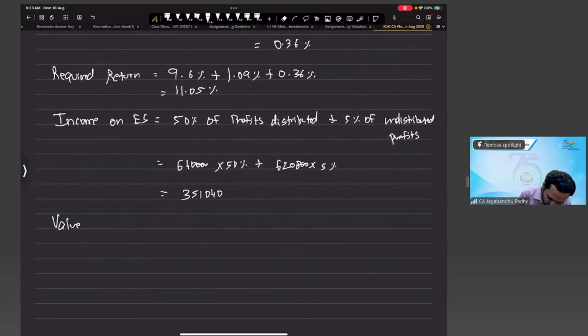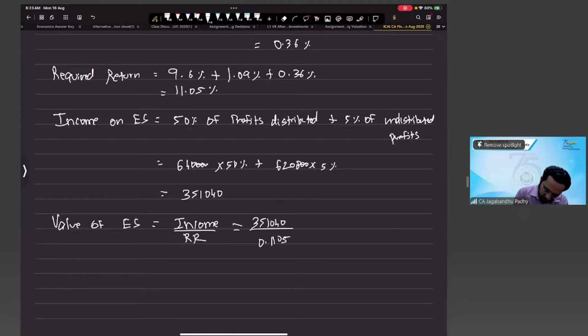So the value of the equity share will be simply income upon the required return. Income is 3,51,040 upon the required return, 0.1105. Okay. How much is this? 3,51,040 divided by 0.1105.